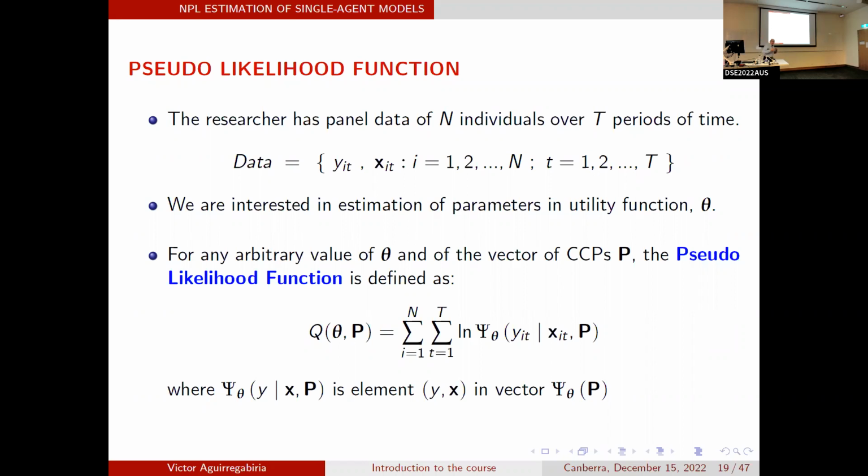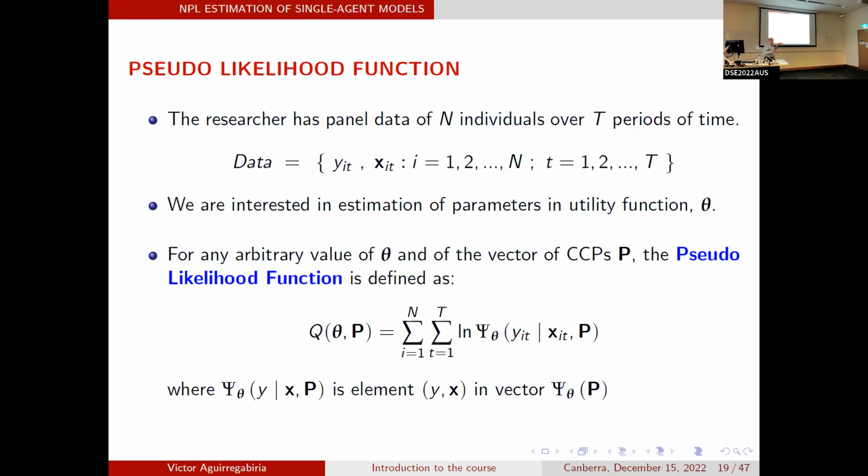And we can interpret this likelihood function in this particular way. Of course, we might want to try to estimate theta and P together, but we are not going to get identification. Then what is this likelihood function missing, or not taking into account?